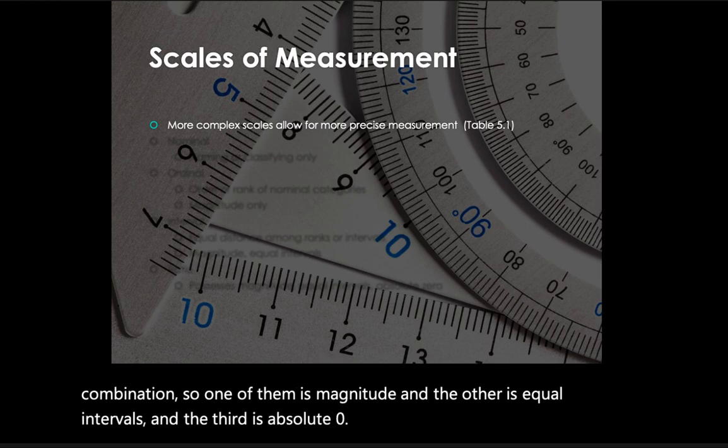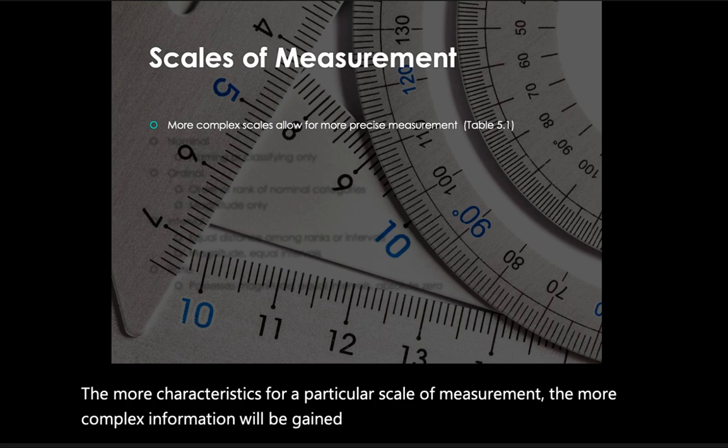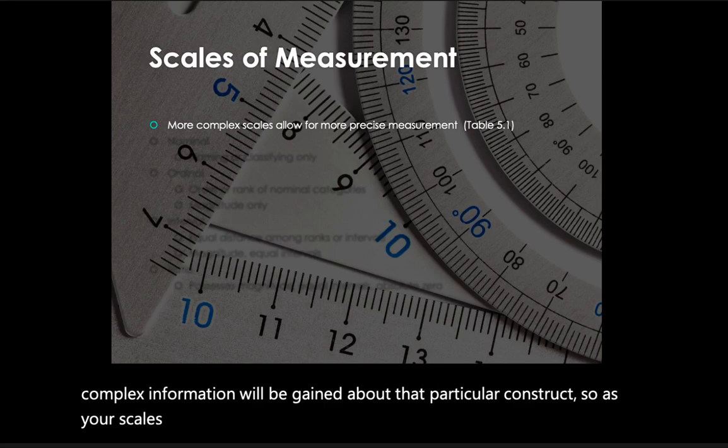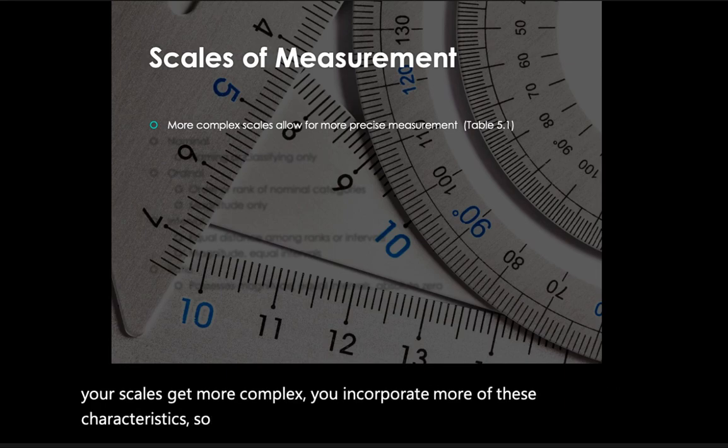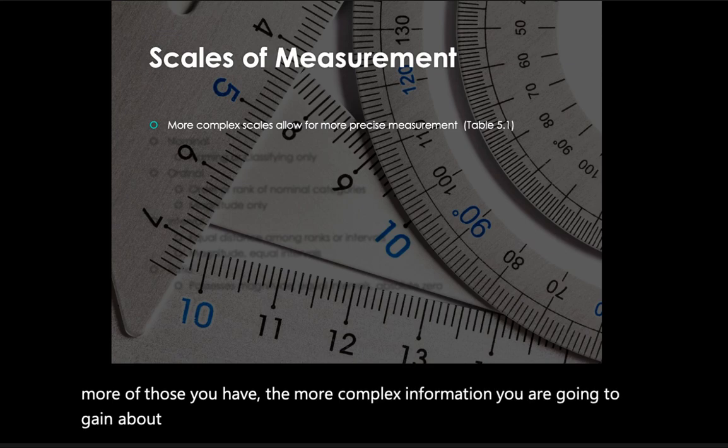The more characteristics for a particular scale of measurement, the more complex information will be gained about that particular construct. As your scales get more complex, you incorporate more of these characteristics: magnitude, equal intervals, and absolute zero. And the more of those you have, the more complex information you are going to gain about your particular construct.